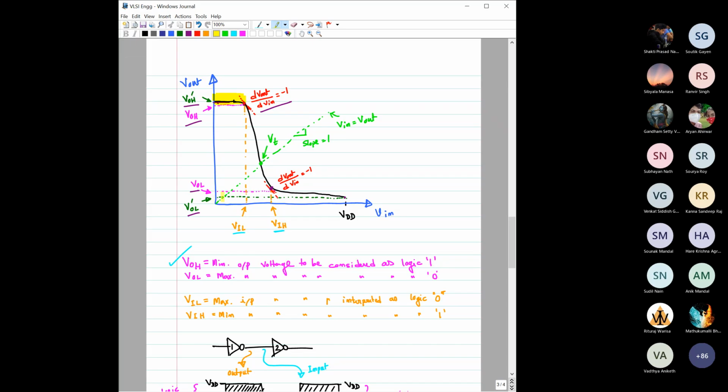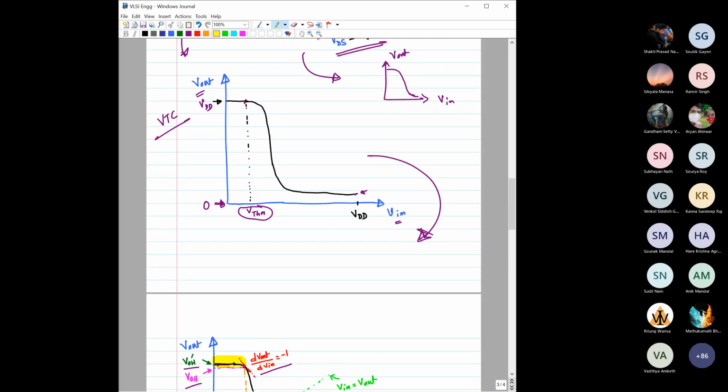What is VOL? VOL is the maximum voltage level on the output side. That means below VOL, any voltage on the output side would be considered as logic 0.